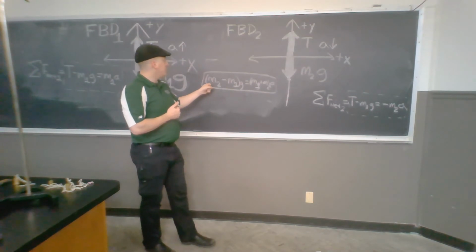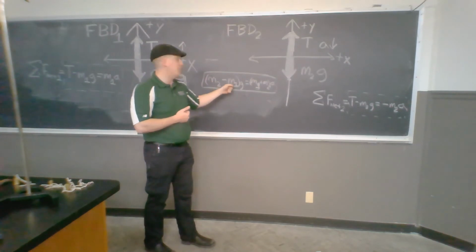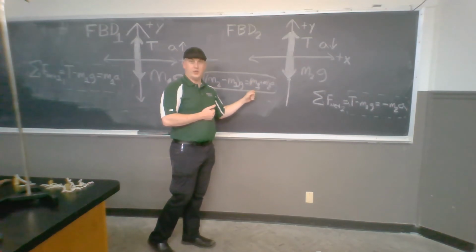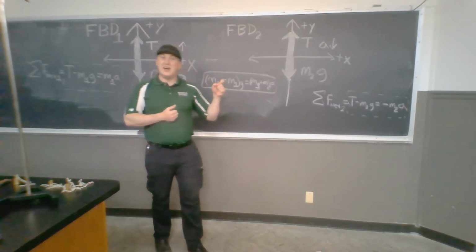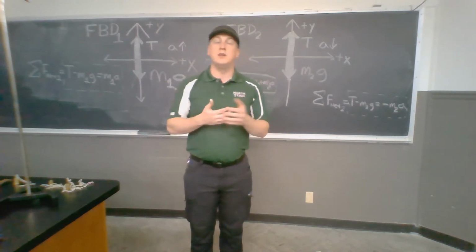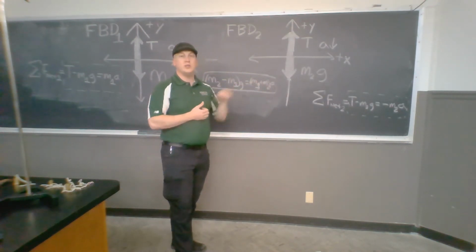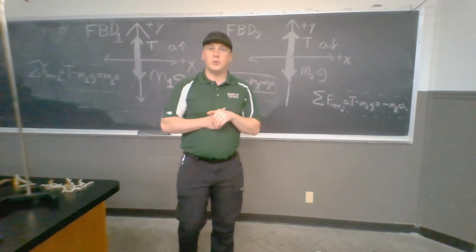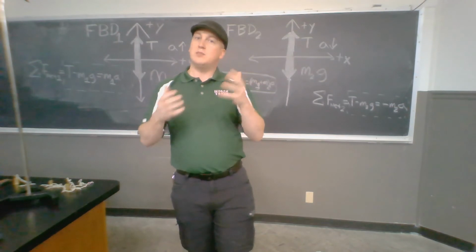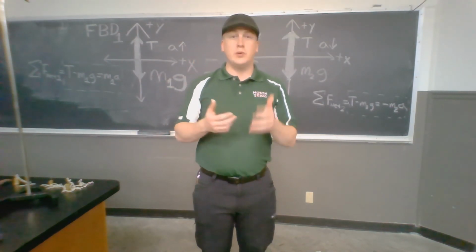Whereas now, if M2 is 150 grams and M1 is 100 grams, I would have 50 over 150, which is like 5 over 15, which is equal to 1/3. So 1/3 of G is equal to the acceleration. If we say G is approximately 10, it's really 9.8 meters per second squared, then our acceleration should be about 3 to 3 1/3 meters per second squared.